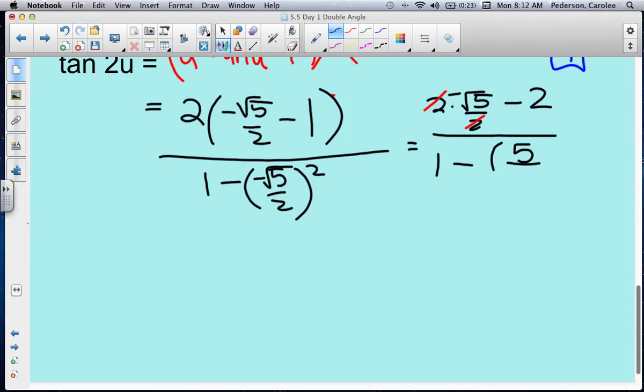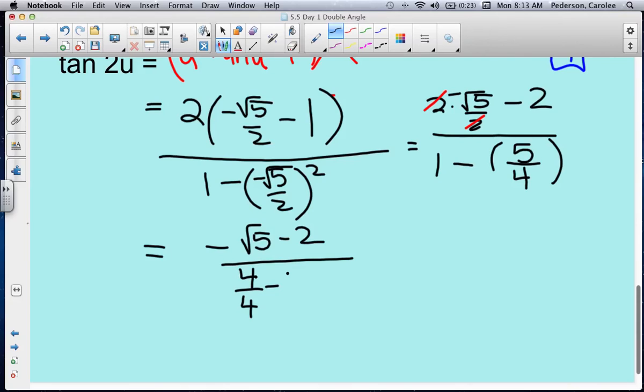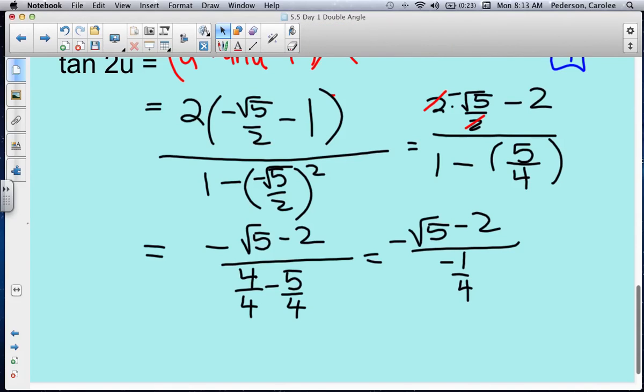And then 2 times 2 is 4. And then we have in the numerator negative square root of 5 over, I'm going to change that 1 to a 4/4. Keep the numerator. And then 4/4 minus 5/4 is negative 1/4. I'm going to let you continue simplifying that. We do have a fraction over a fraction, and I think you're probably comfortable with the rest.